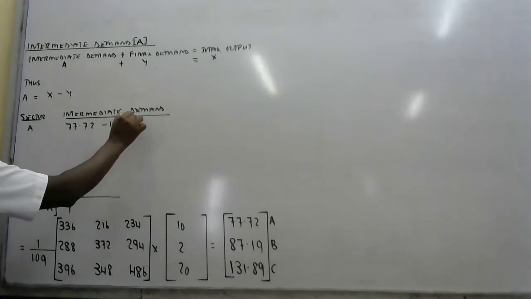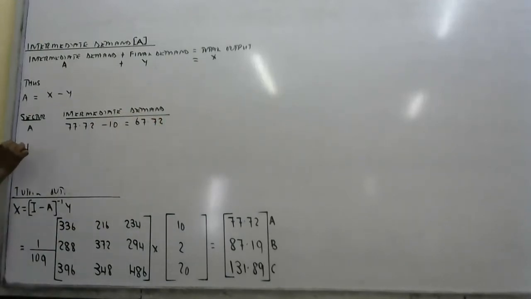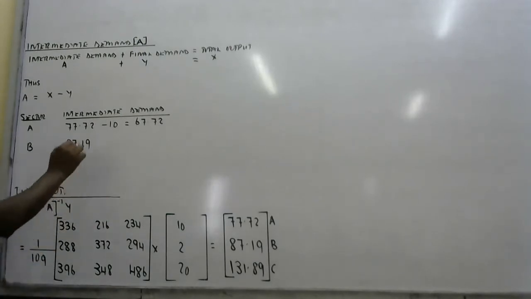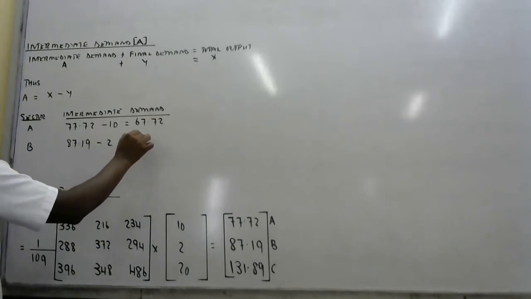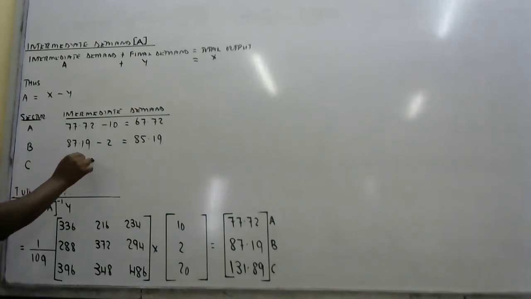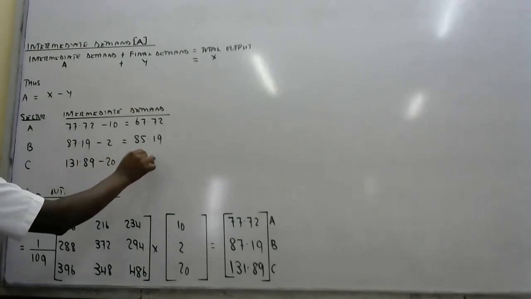So that would give us 67.72. Sector B, the total output is 87.19. So you minus 2, that gives you 85.19. Then sector C is 131.89 minus 20. And that must be 111.89.